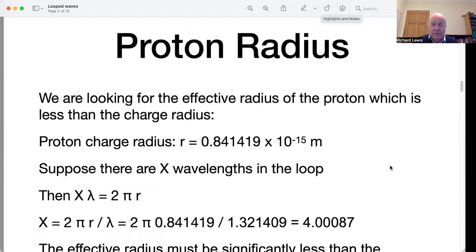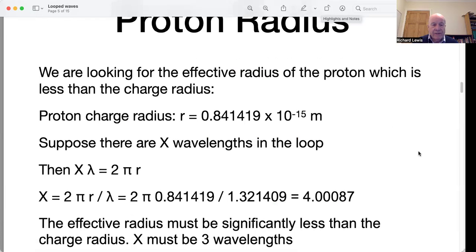But we've got a clue as to what that should be because we can quite accurately determine the charge radius for the proton. And that is given here, which is 0.841419 times 10 to the minus 15 meters. And so that charge radius is going to lie effectively outside the proton.